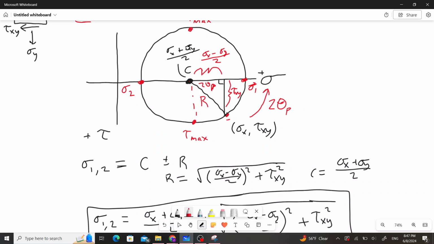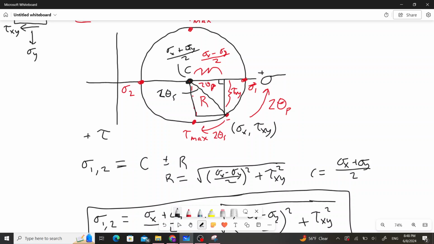Remember that counterclockwise is the positive direction for rotation, so we're going to rotate the other direction. So we need to rotate by 2 times theta s, to calculate what theta s is, since on Mohr's circle there's twice the rotation. And then from here we do trigonometry again. So we have another triangle here. We know that this angle is equal to 2 theta s.